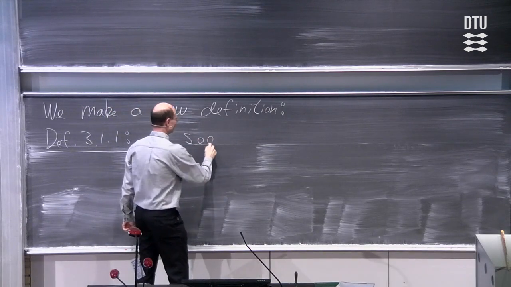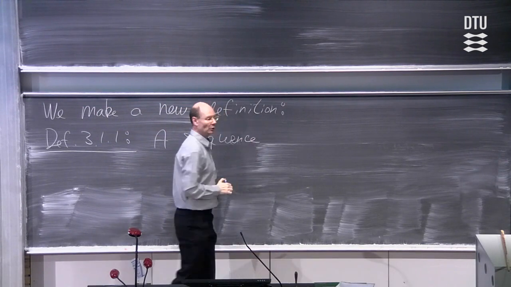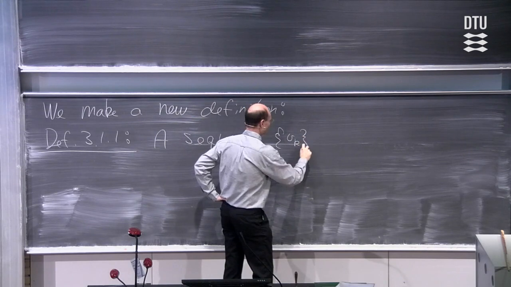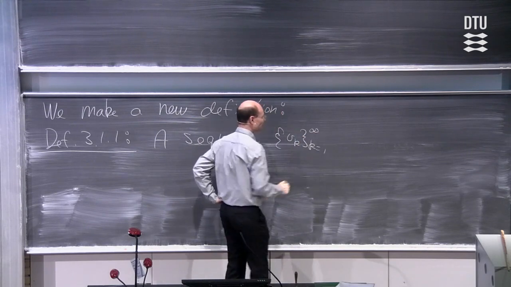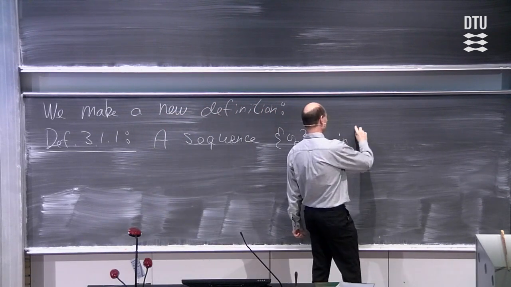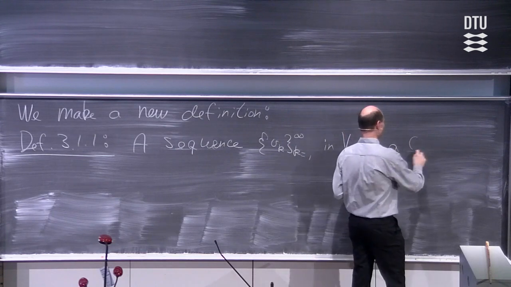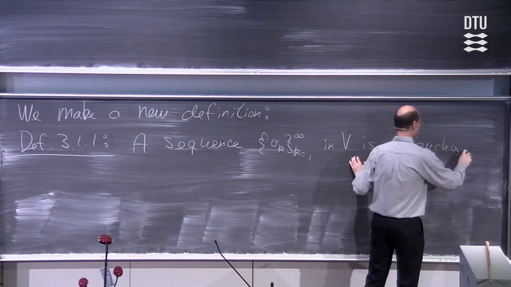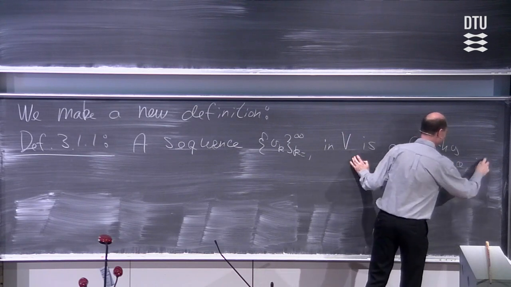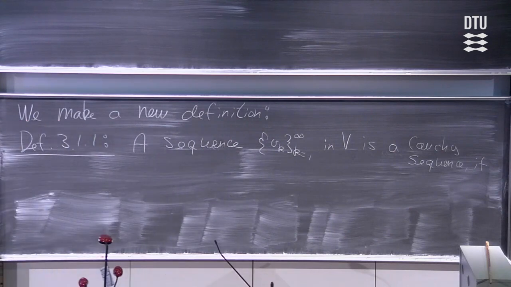So we say that a sequence, and we denote it by the same as before, so this is still something vk, k from 1 to infinity, and this is still a sequence of elements in V, and this is a Cauchy sequence if, and now we put the condition that should replace the one we have here.